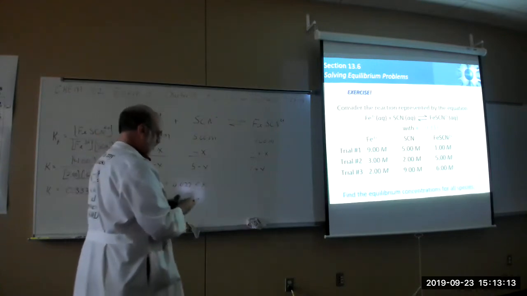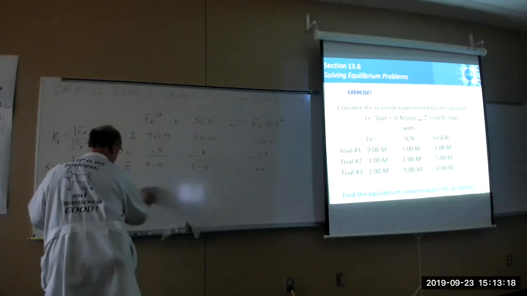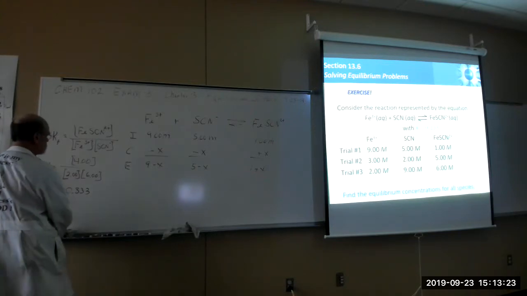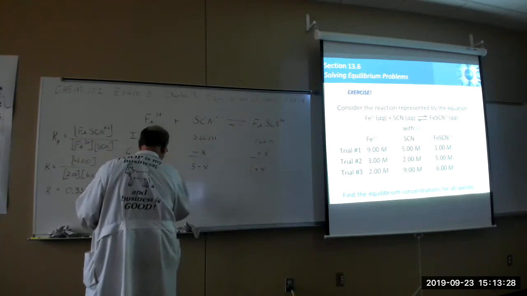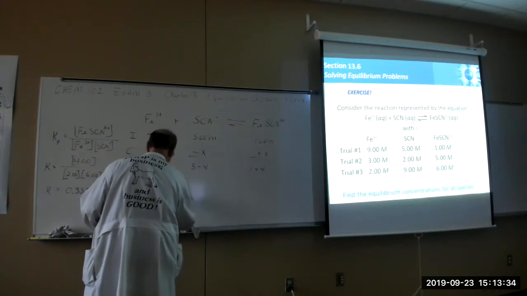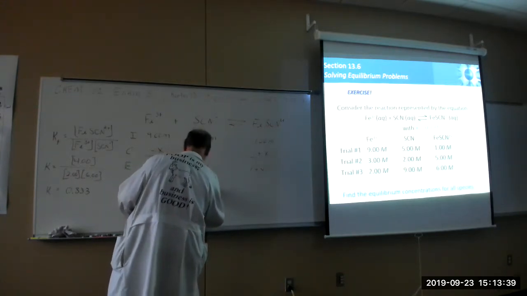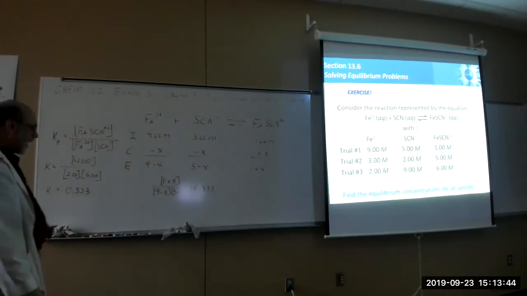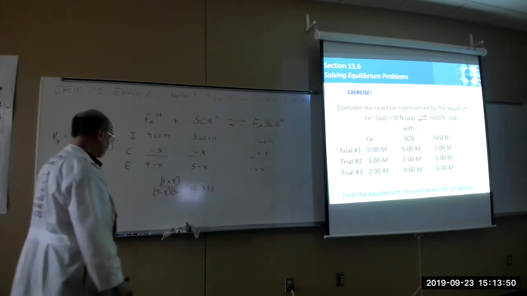So now we can write our expression and plug in the values for 1 plus x divided by 9 minus x, 5 minus x equals 0.333. All right, we're going to have to muscle this one through.